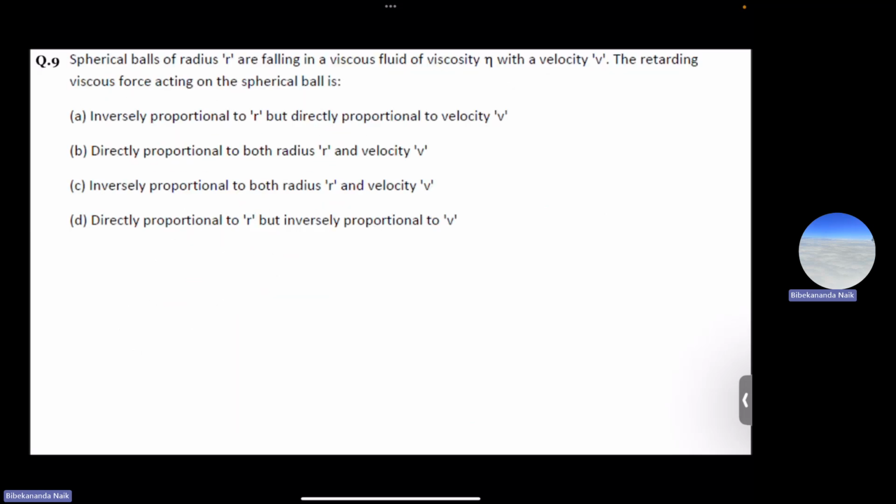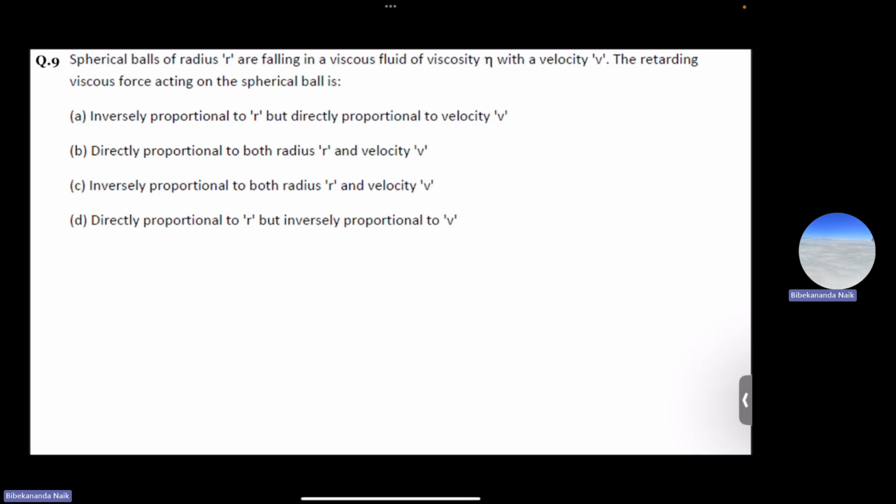Now we'll move to question number 9. Question number 9 says: spherical balls of radius r are falling in a viscous fluid of viscosity eta with a velocity v. The retarding viscous force acting on the spherical ball is option A, inversely proportional to r but directly proportional to v.